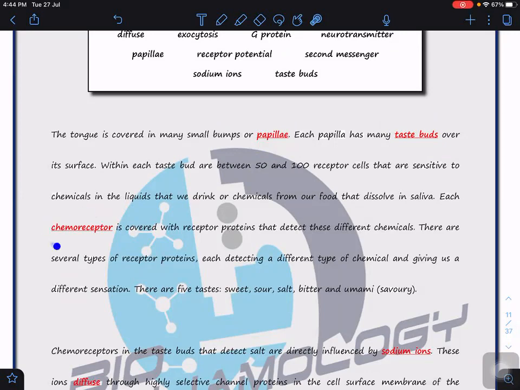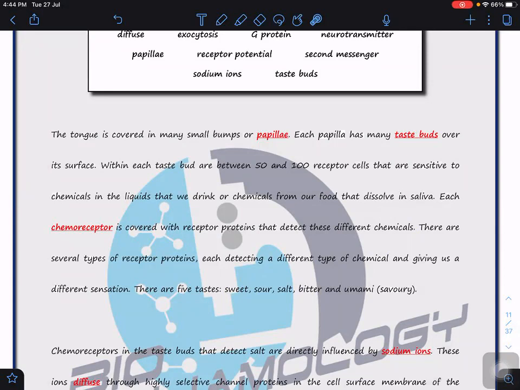Each chemoreceptor is covered with a receptor protein that detects different kinds of chemicals that we eat. There are several types of receptor proteins detecting different types of chemicals and giving us different sensations. In total, we have 5 types of taste: sweet, sour, salt, bitter, and umami, or savory.